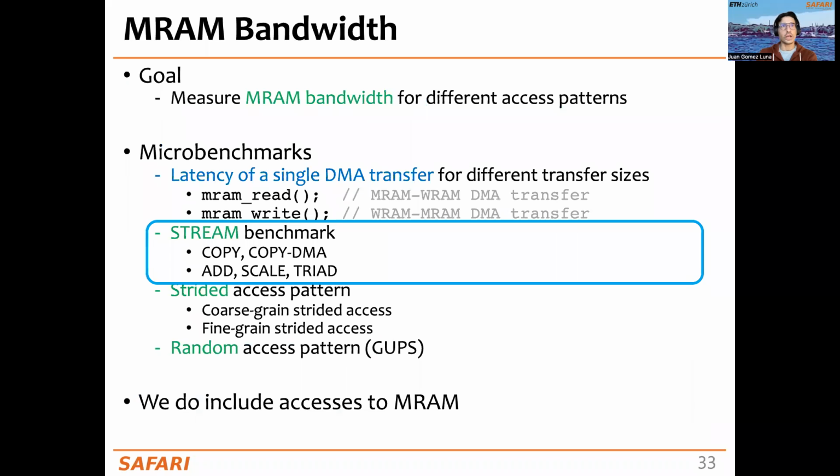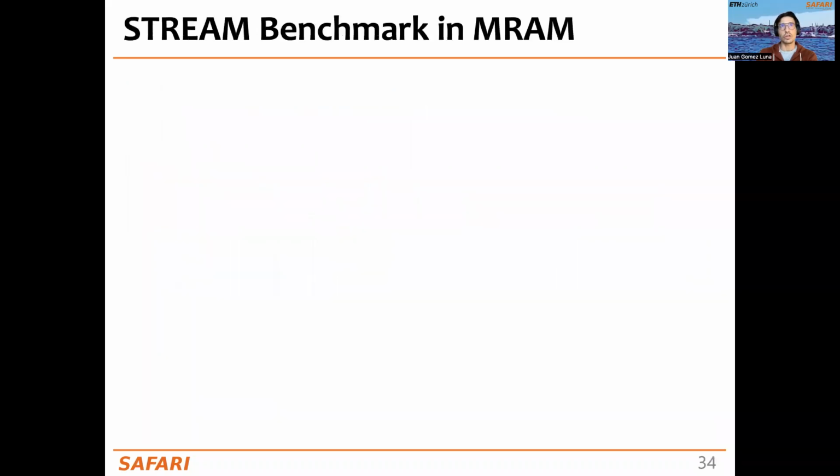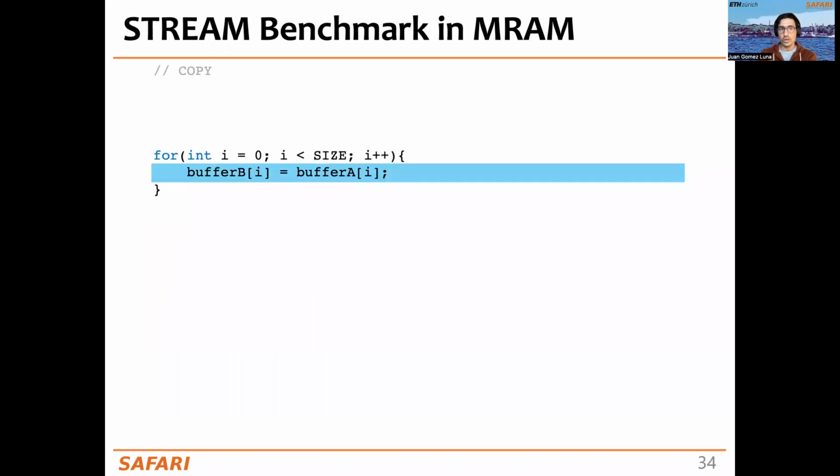Let's now take a look at some of the results for the stream benchmark. Before we look at the results, let me remind you what the stream benchmark is. Basically, the stream benchmark performs stream accesses or sequential accesses where we are copying the contents of one input array, in this code called buffer A, into one destination array that is called buffer B here.